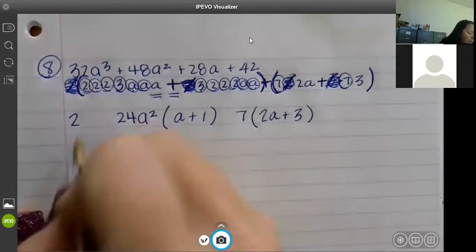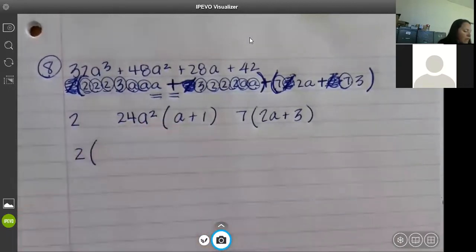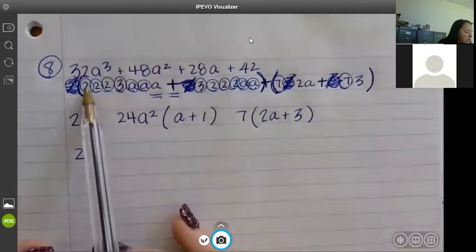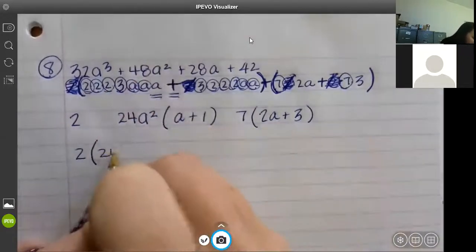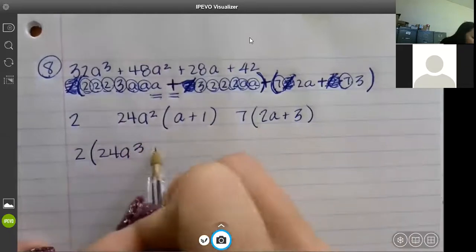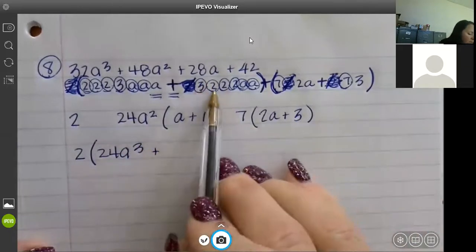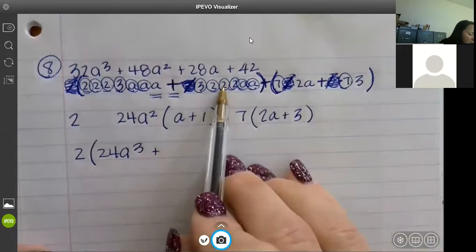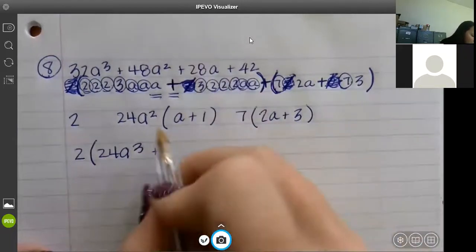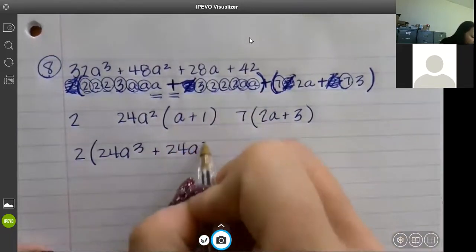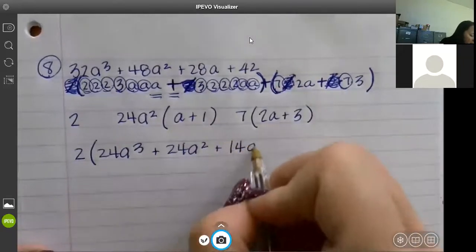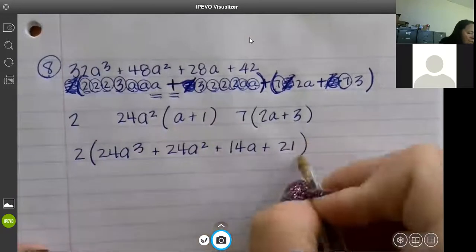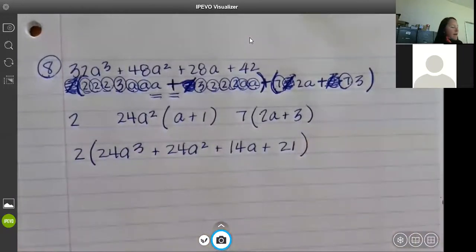So the only thing that we could do is pull out that GCF and write down the leftovers. 2 times 2 is 4, times 2 is 8, times 3 is 24a cubed, plus 3 times 2 is 6, times 2 is 12, times 2 is 24a squared, plus 7 times 2 is 14a, plus 7 times 3 is 21. There is no more factoring in that.